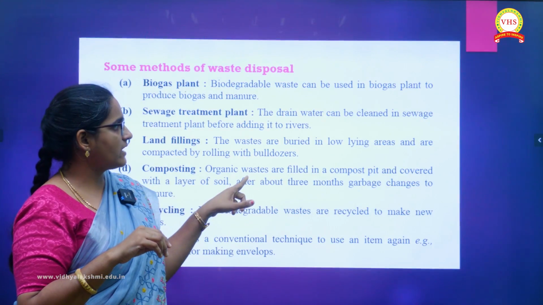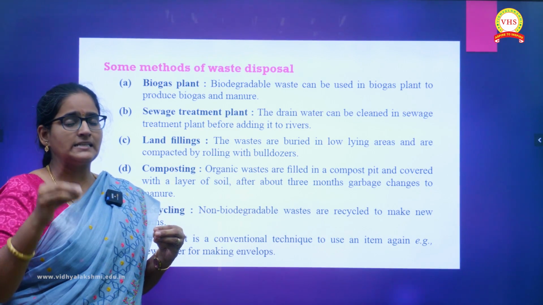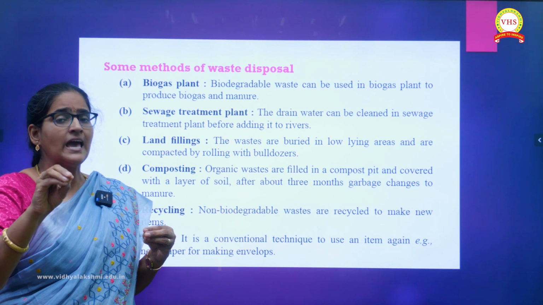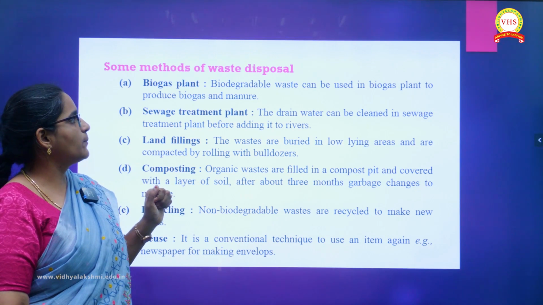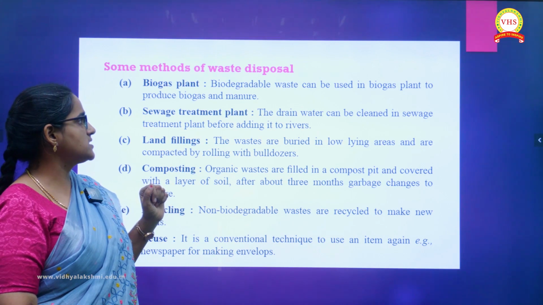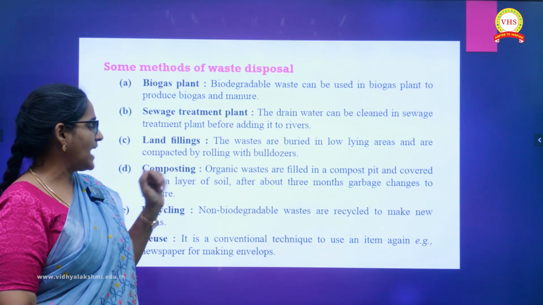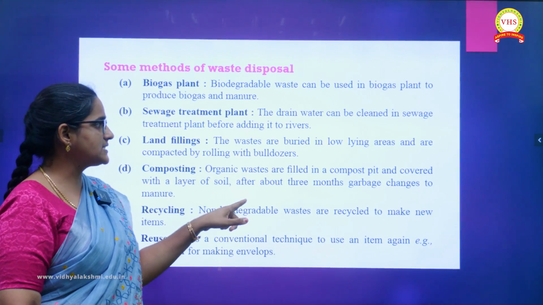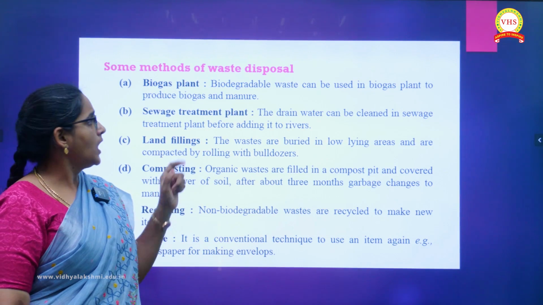There are some techniques available to dispose of waste properly in such a way that it does not cause any harm to the environment. So here we are going to see waste disposal methods such as biogas plant, sewage treatment plant, landfilling, composting, recycling and reuse. In that, the first one is the biogas plant.